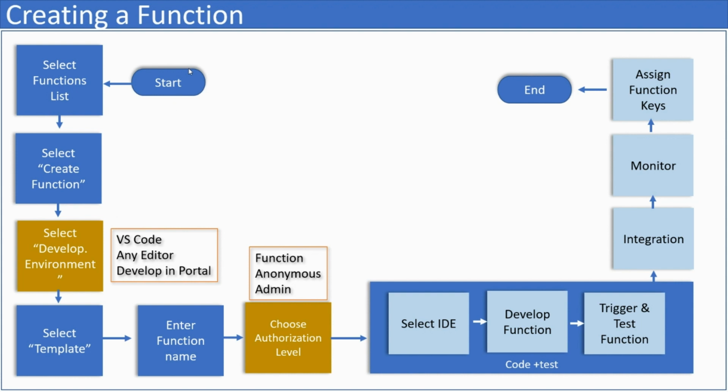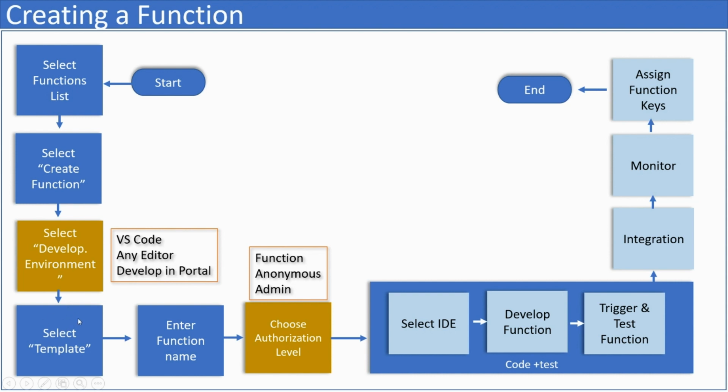Upon completion of function app creation, go for selecting the functions list, and from the functions list you just click create function, and you need to select the development environment, which means what IDE you will be using to develop your Azure function. It can be Visual Studio Code or any editor of your choice or using the Azure portal itself.